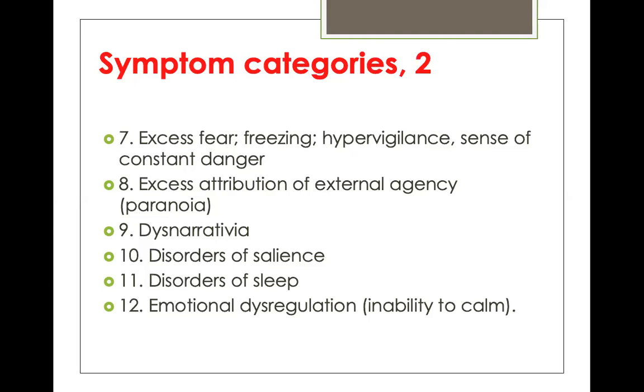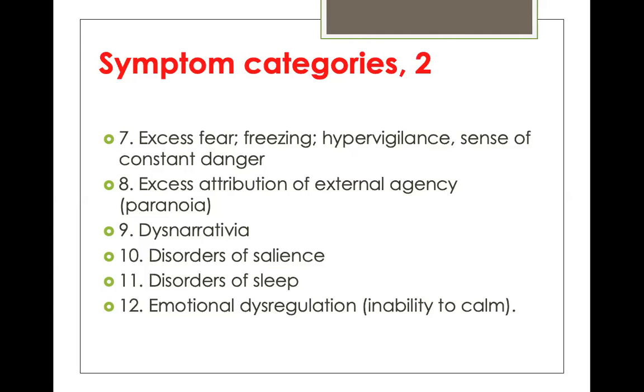You might think of this as amygdaloid overload. An eighth category is paranoia, or excessive attribution of external agency. A ninth category is dysnarrativia, meaning that people can't tell a coherent story about what's going on in their lives and with them.